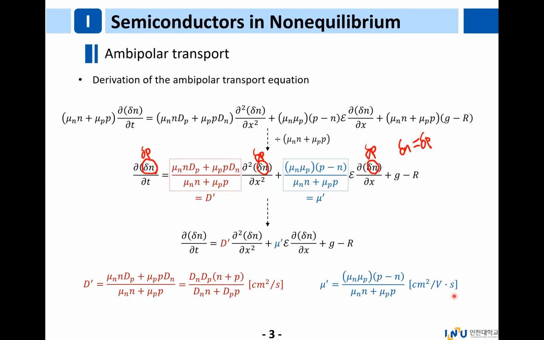This equation is referred to as the ambipolar transport equation, where D prime is the ambipolar diffusion coefficient and mu prime is the ambipolar mobility.